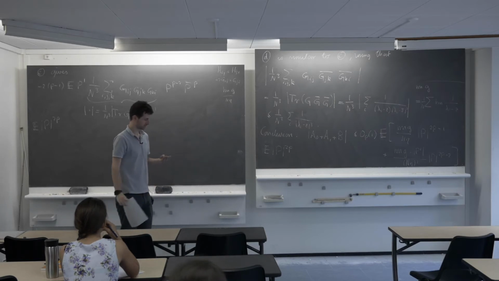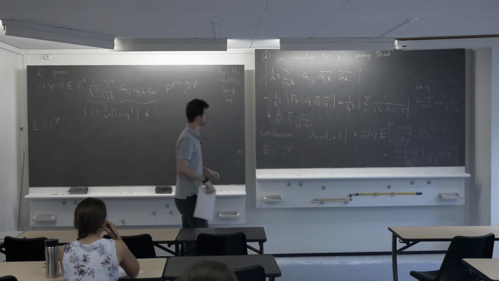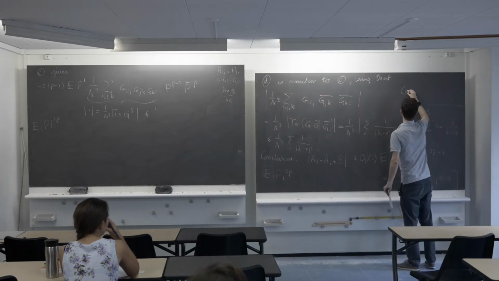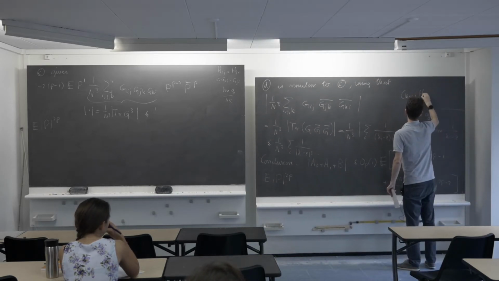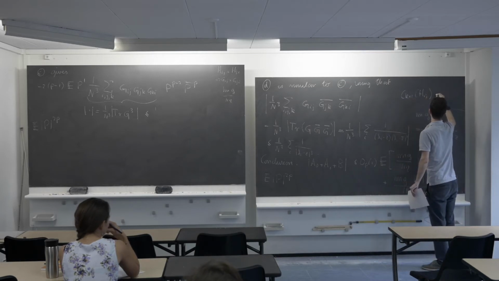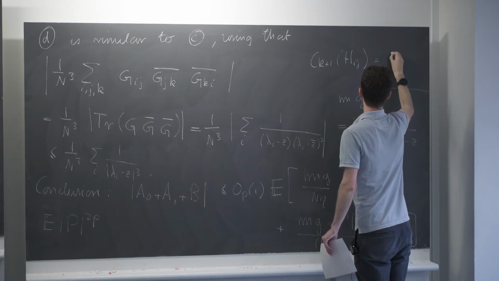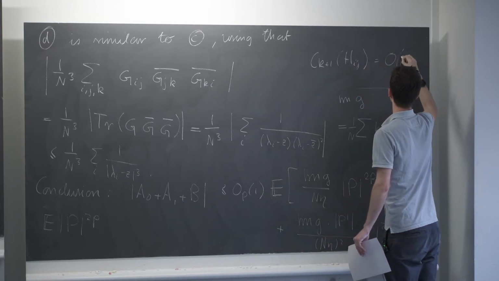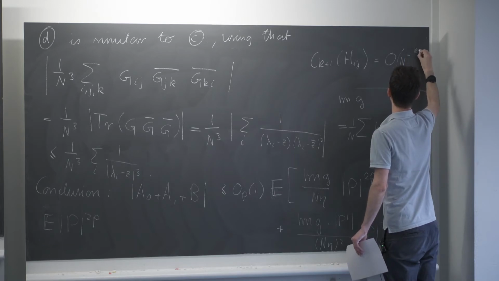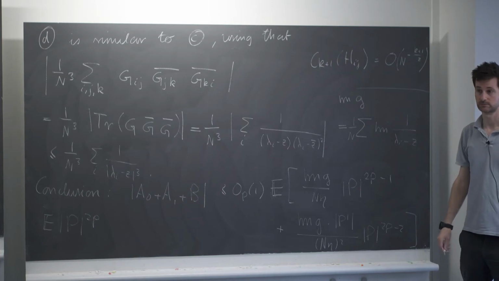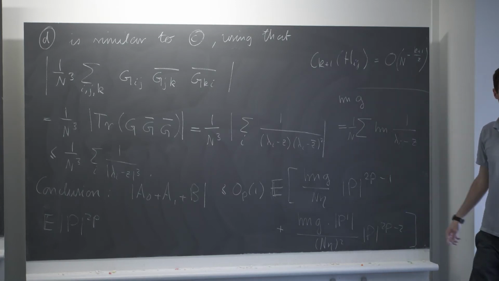for two reasons. The first reason is that we get these cumulants. If you recall, c_{k+1} of h_ij is of order n to the minus (k+1)/2. This was the homogeneity property of the cumulants.